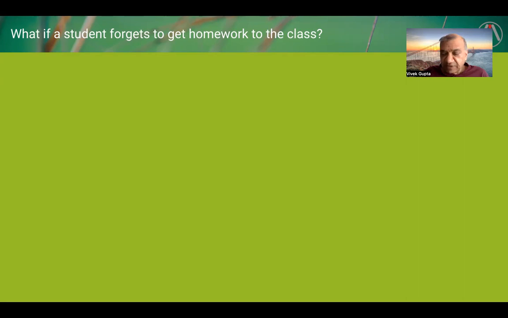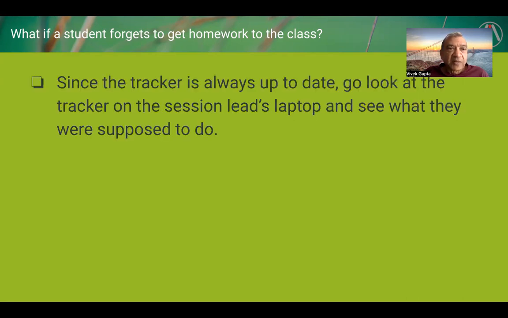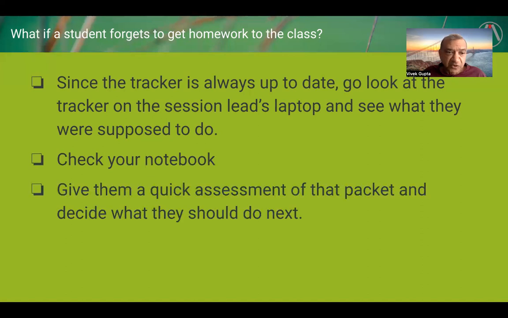As part of this training module, I'll move forward. Since the tracker is up to date, of course, you can just look up the tracker and see what the student was doing, what you had assigned for homework. The second is, of course, you can check your notebook and whatever packet you had given for home, you can ask them if they did the packet and forgot it, or they didn't do the packet.